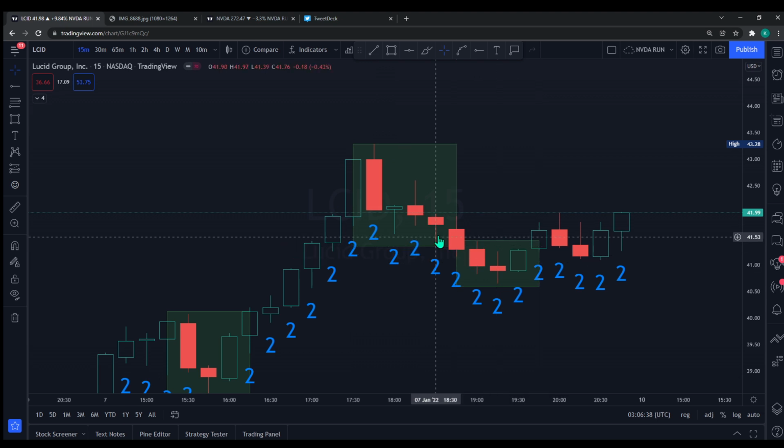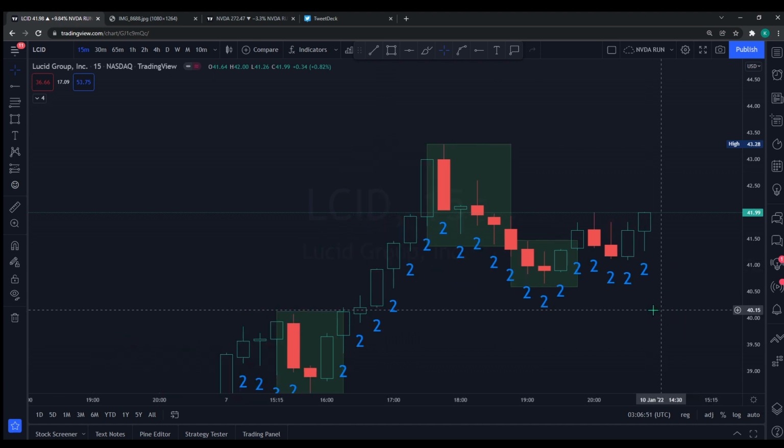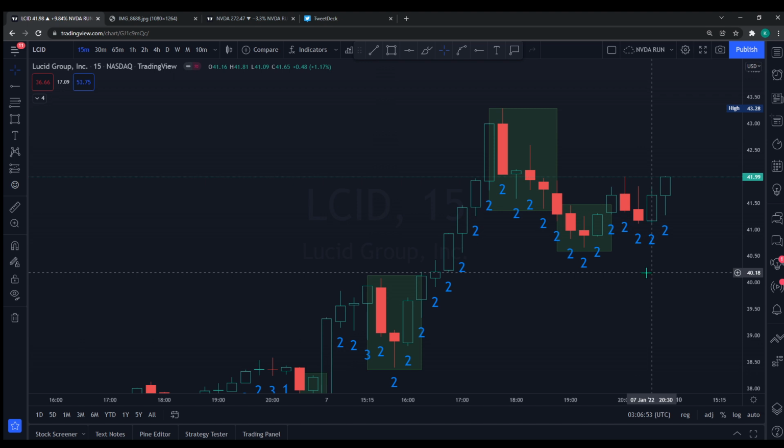So that is where you would exit your short position. From then onwards, it was just chop really for the rest of the day. So there's really nothing to be seen there. But without any indicators, that is how you could have played Lucid today on the 15-minute only.